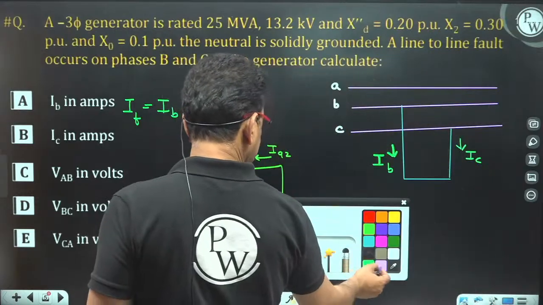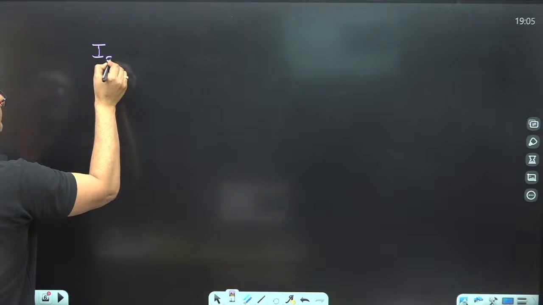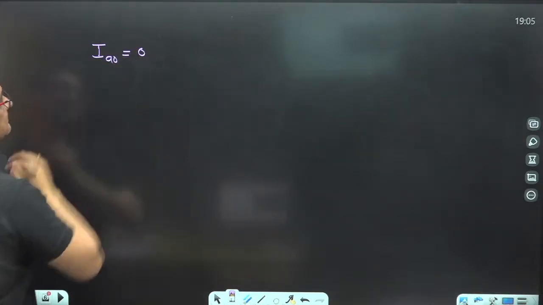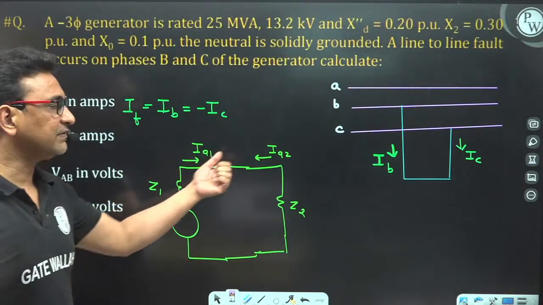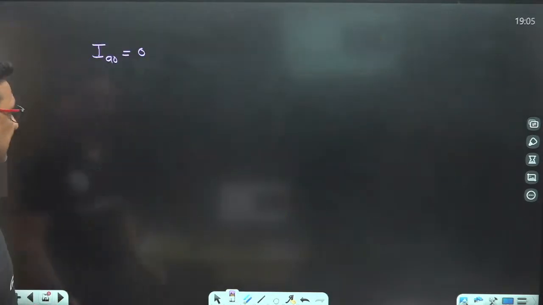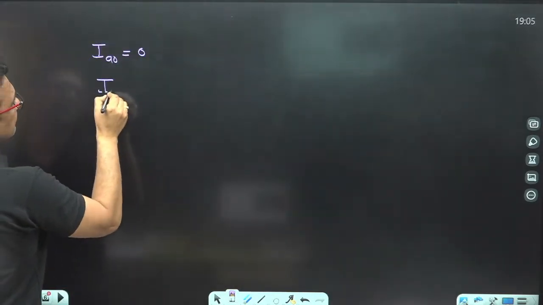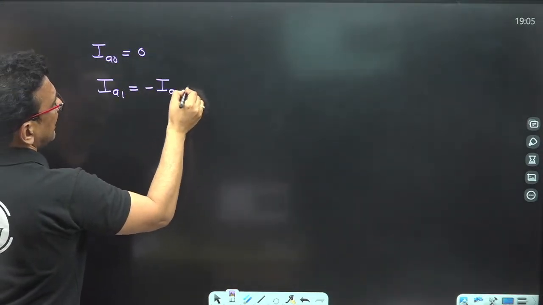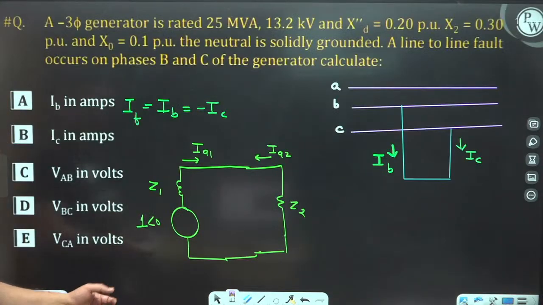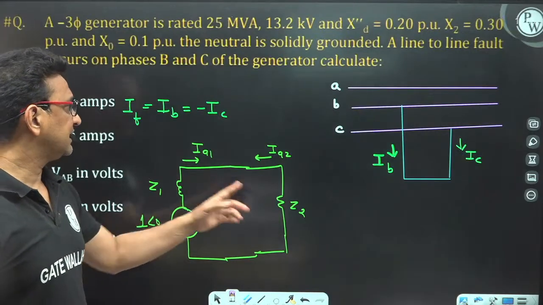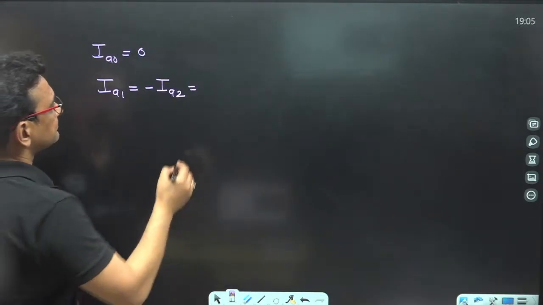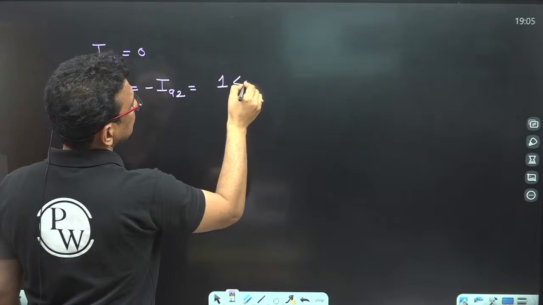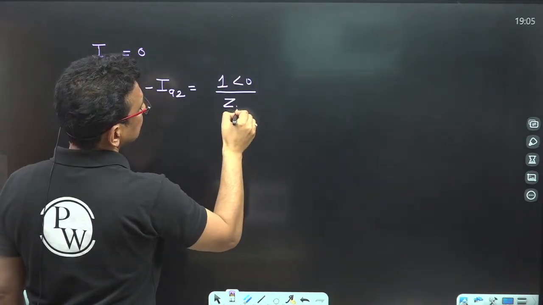So we can say that IA0 is equal to 0, as no zero sequence current flows when a line to line fault occurs, but IA1 is equal to minus IA2. And what is the value of IA1? You can easily find out: 1 angle 0 degree divided by Z1 plus Z2.